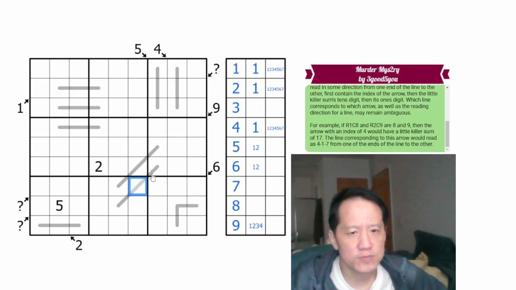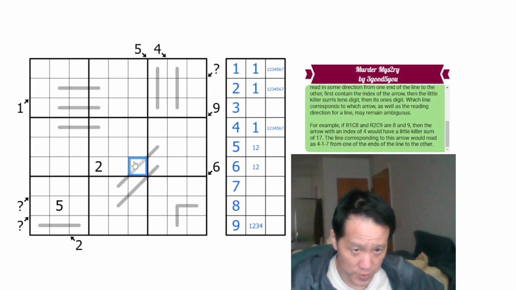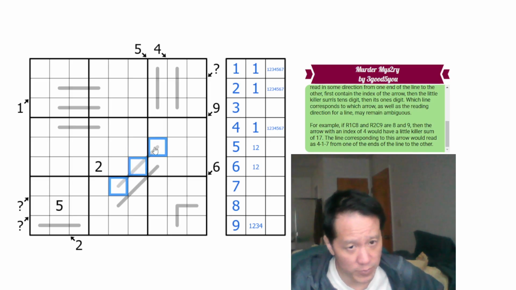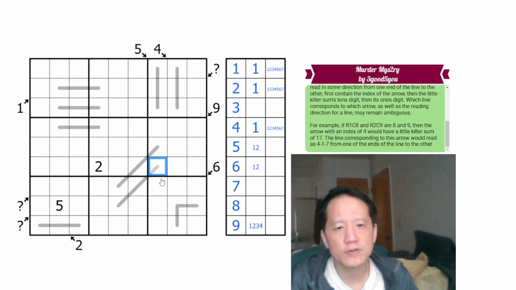Either this is 1 and this is 1, or this is 1 and one of these two is a 1. It could be even all three are 1s.